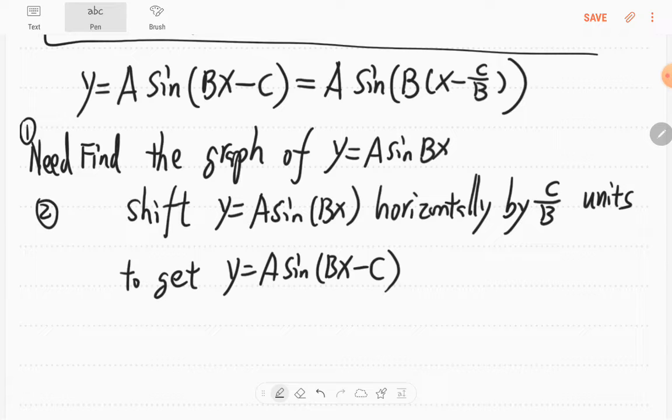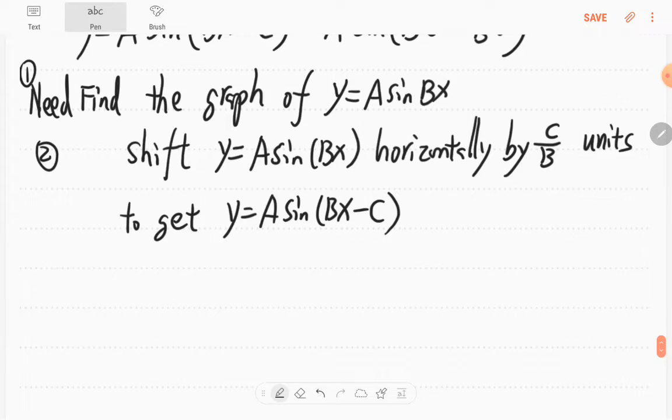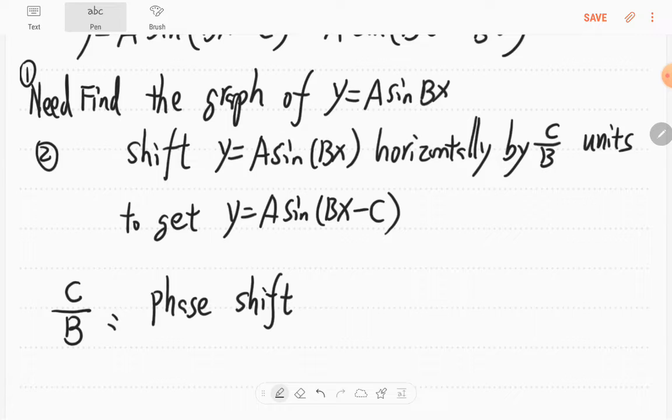So this is the basic idea. Here c over b is called the phase shift. This is very important terminology when we study the physics of waves.